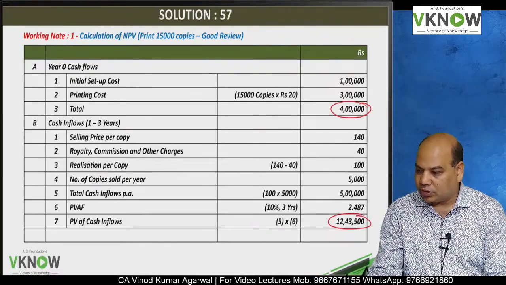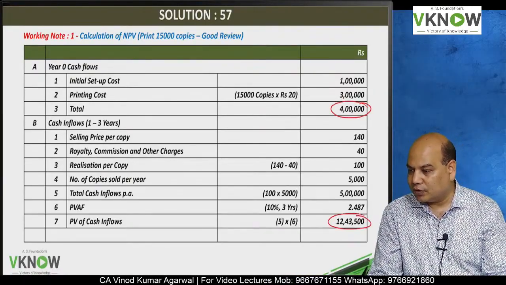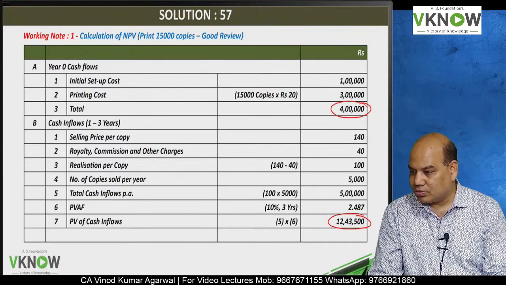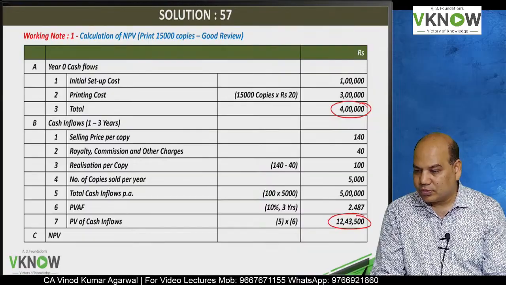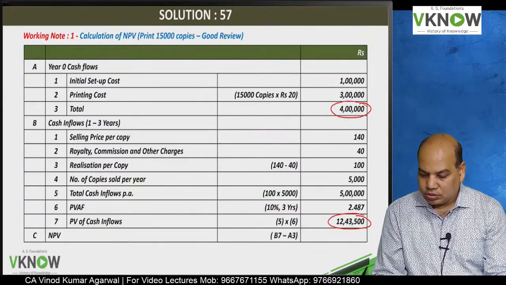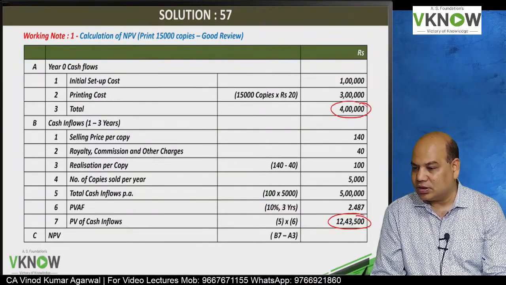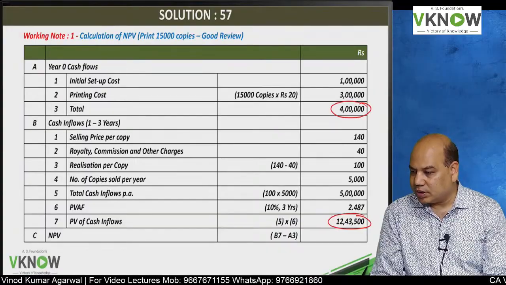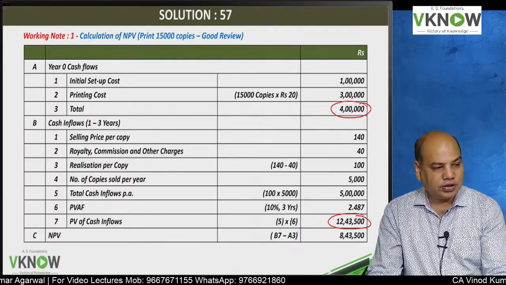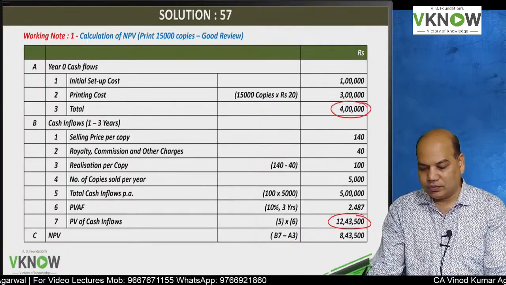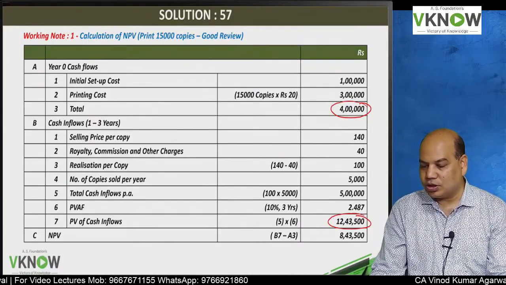What is your PV of cash inflow? 12,43,500. So are we getting positive NPV? Point number C. NPV will be equal to B7 minus A3. The answer is 8,43,500.